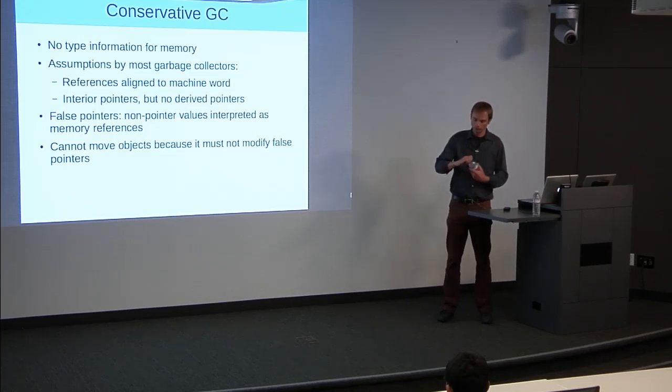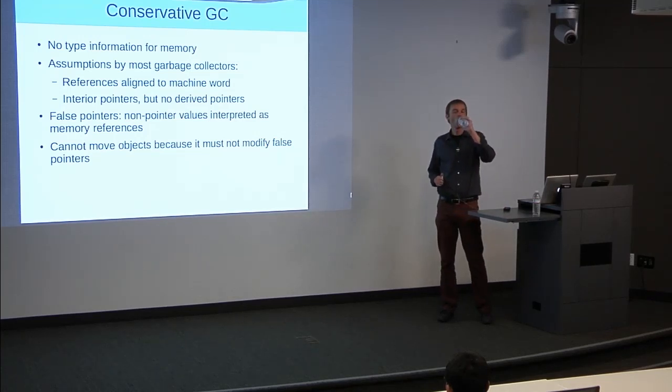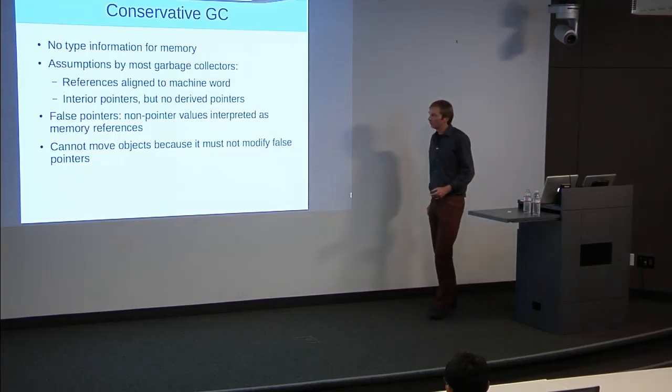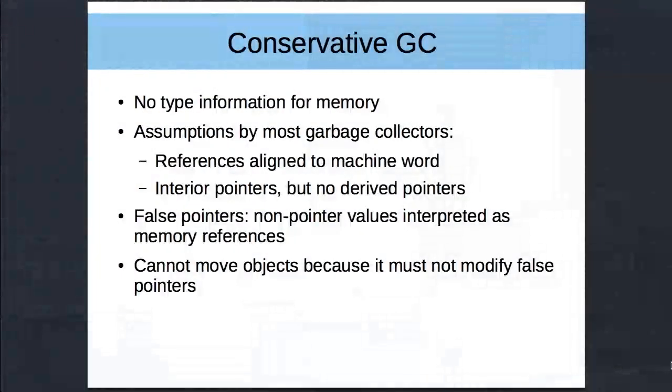So a conservative GC has no type information about the memory that it has allocated. That's also in C++, you might know the Böhm GC that works like this.